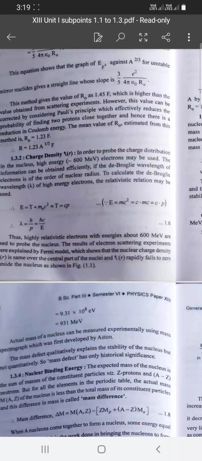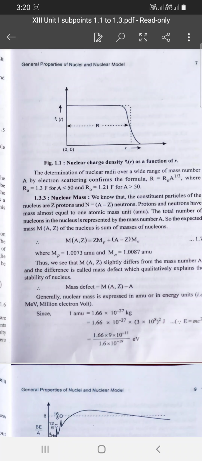It is represented by the graphical presentation in figure number 1, that is density versus radius. Nuclear charge density rho as a function of nuclear radius r. The determination of nuclear radii over a wide range of mass number A by electron scattering confirms the formula R equal to R naught A raised to 1/3.